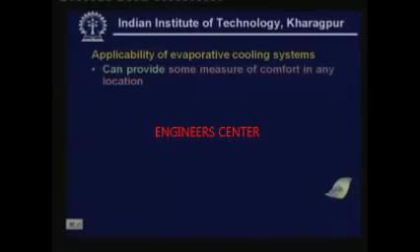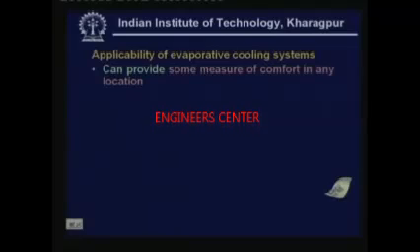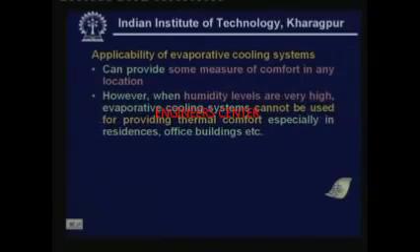It is observed that these systems can provide some measure of comfort in any location. However, when humidity levels are very high, evaporative cooling systems cannot be used for providing thermal comfort, especially in residences, office buildings, etc. In residences and office buildings, providing thermal comfort, that means maintaining the conditioned space at the required level, is very important.